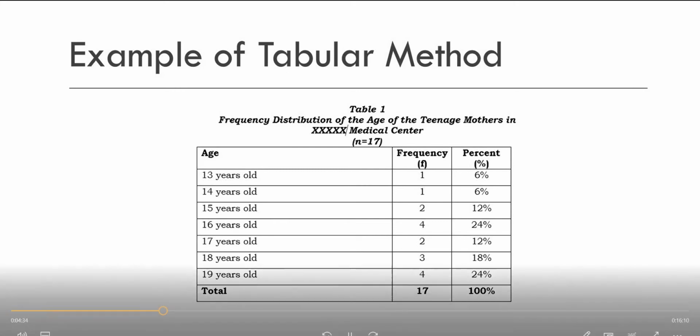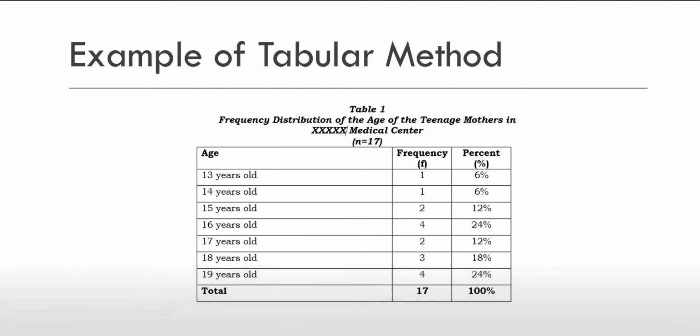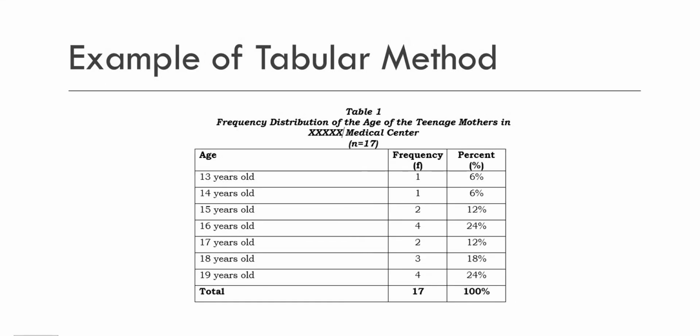Table 1 is the title, kasi ginamit natin is the frequency distribution. Okay, so frequency distribution of the ages of the teenage mother in blank hospital, or they did not compute for the interval na tinatawag natin, whether 5-point interval, 3 points, depende sa kung paano nila mako-compute.